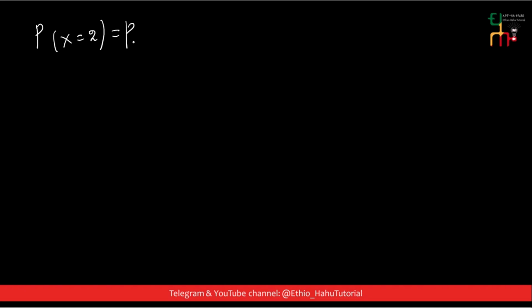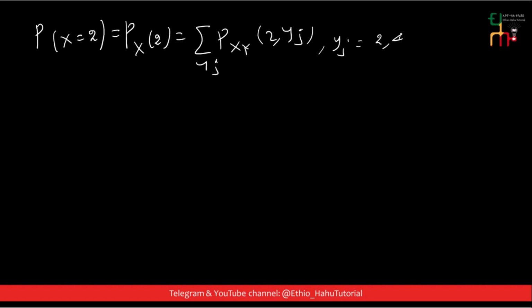The marginal probability mass function of x is equal to 2 ማለት ነው። The marginal probability mass function of x of 2 is equal to the sum of the joint probability mass function of xy of 2 comma yj over all yj again 2 4 5 ማለት ነው። ይሄ ማለት ምን ማለት ነው?